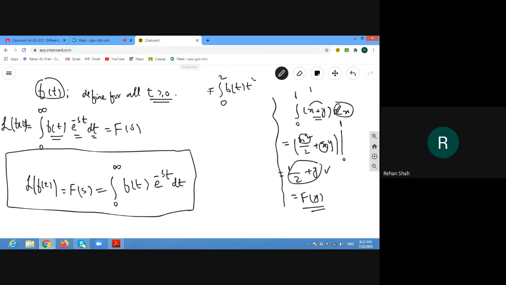Suppose I am giving a name to this transformation, the onward transformation. If you want to transform f of t into the onward transformation, you multiply it with t square. So let's see whether this is a defined transformation or not.